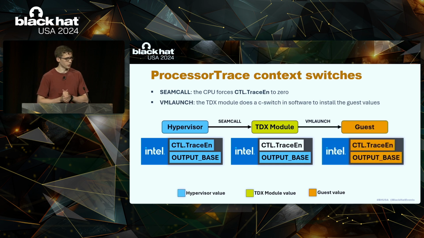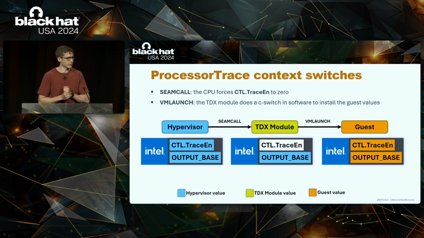Then when the TDX module performs a VM launch into a guest, this time a full context switch takes place to install the values of the guest into the CPU so that the guest can run with the values it wants. So the hypervisor has its own values on the left, the guest has its own values on the right, and the TDX module in the middle is in an intermediary state where processor trace is just force disabled.